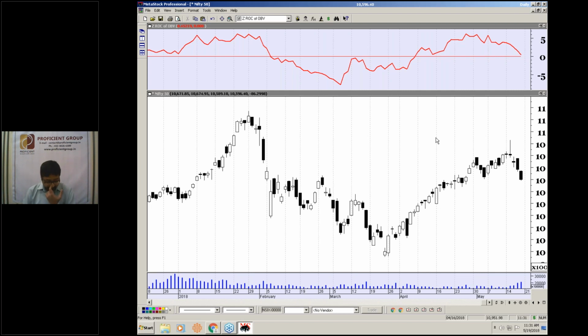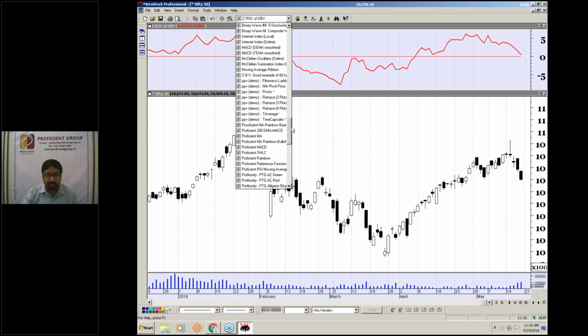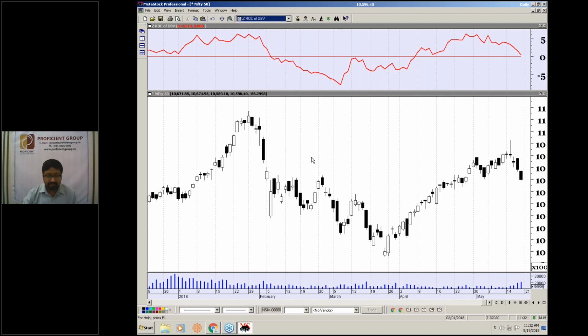In fact, one thing is for sure that there are very different kinds of momentum oscillators, right? Hundreds or more than that are available right now. If you go to Metastock and click this drop down menu, then this big list contains different momentum oscillators or momentum indicators, but all of them are not equally important, and we cannot use all of them in our trading purpose.